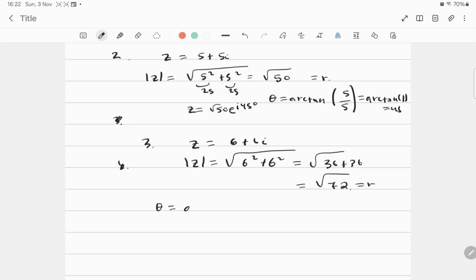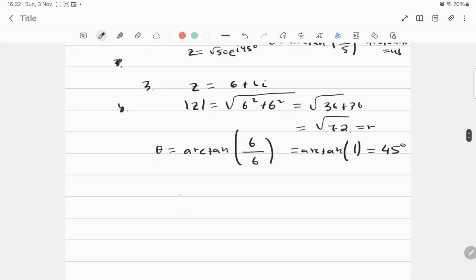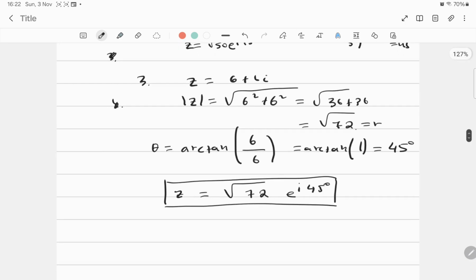And theta is the arctangent of the imaginary part divided by the real part, arctangent of 1, and this is 45 degrees. So I can write z equals square root of 72 e to the power of i 45 degrees. Okay.